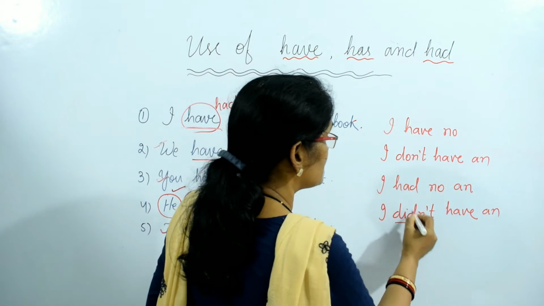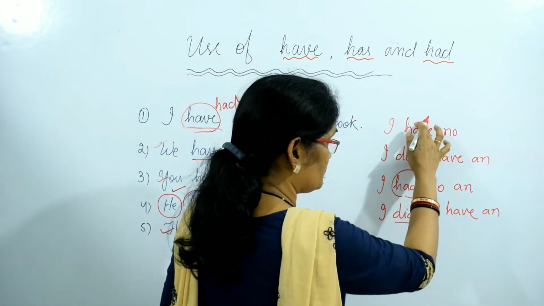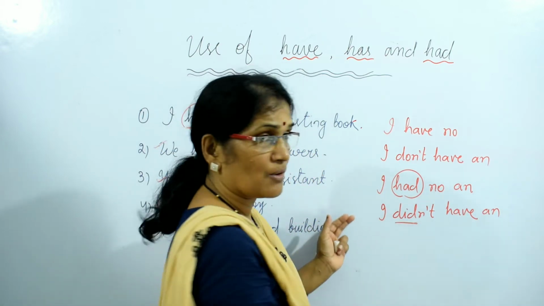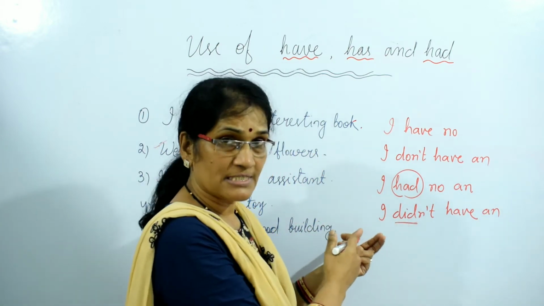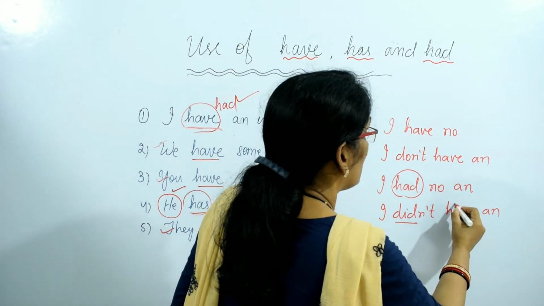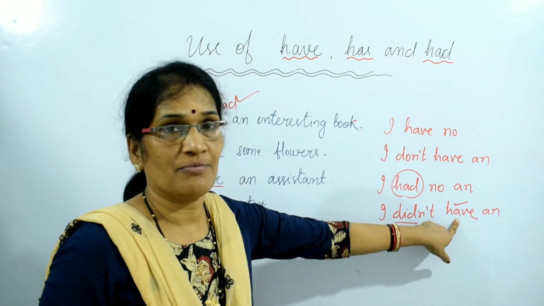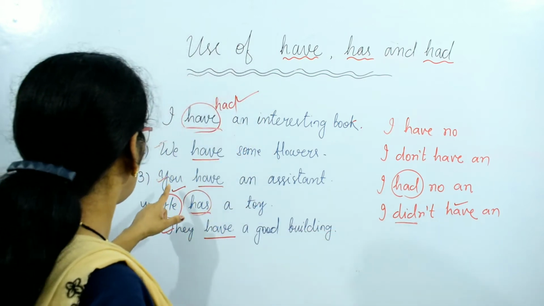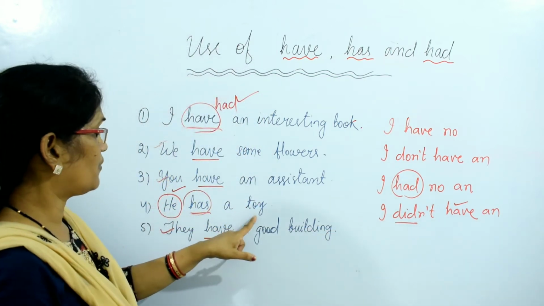Here did, as had is the past form of have. When you change the sentence into negative, did comes out. When did comes separated, then have comes here as the main verb. Here have verbs are also main verbs. And he has a toy.